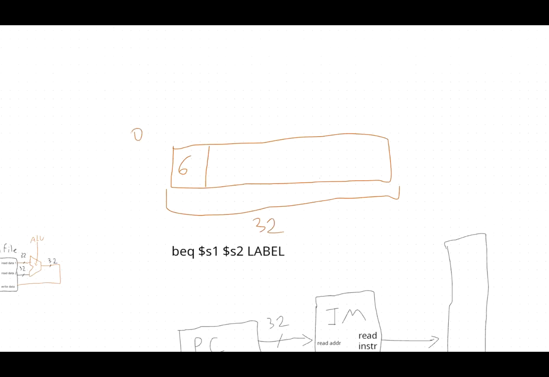So our opcode. Now, as you see, we have two registers. I think we just call them RS and RT.